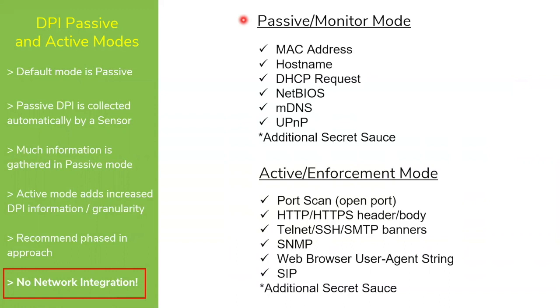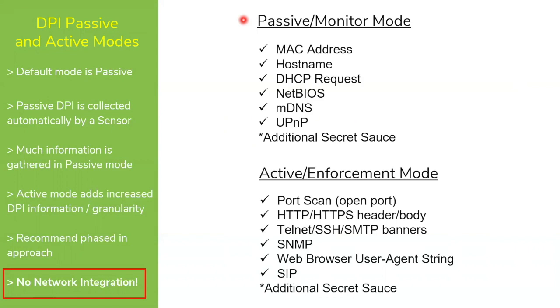So even in passive mode, just listening to this information, there's a lot of information that can be extrapolated from the traffic that's generated, along with some additional secret sauce we're not listing here, that can actually help us identify and link a device with a particular platform type.